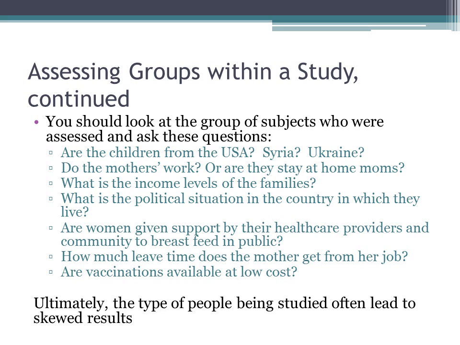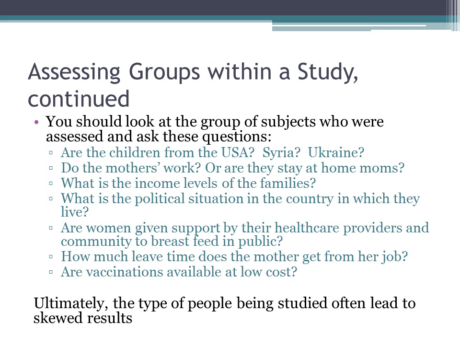Are the children living in the United States, or in a war-torn zone like Syria, or an area like the Ukraine? Do the mothers work? Are they stay-at-home moms? What is the income level of the families? What is the political situation in the country in which they live?